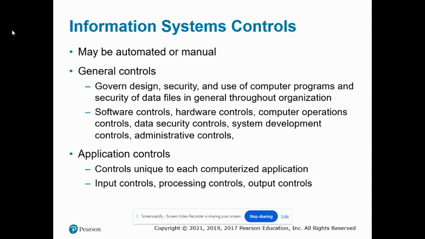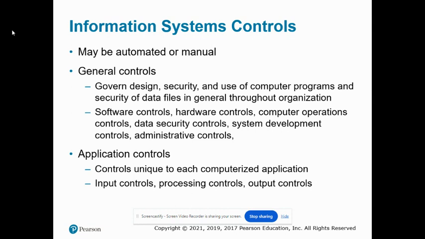Controls may be manual or automated. Can you explain the difference between manual and automated controls? For example, making sure that computer storage areas are secure versus automated virus updates.